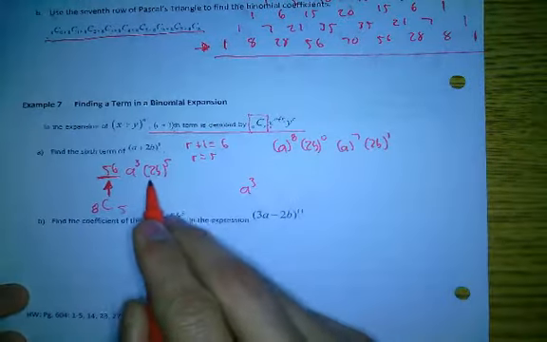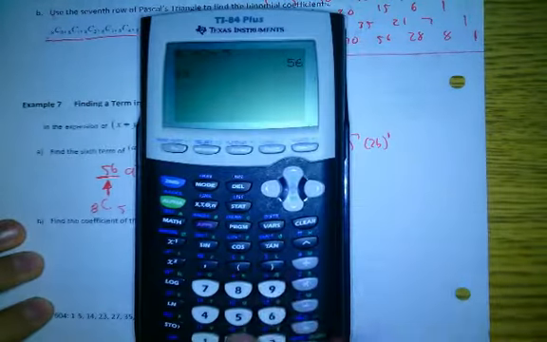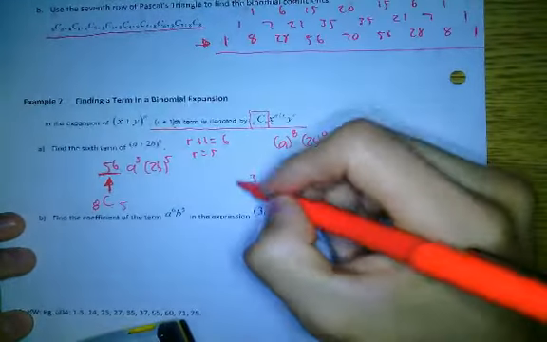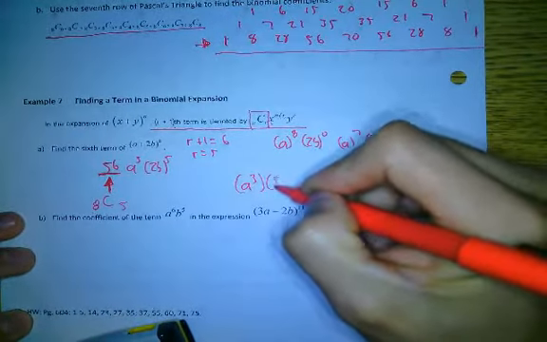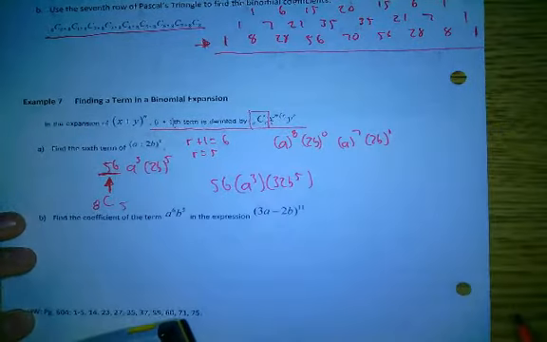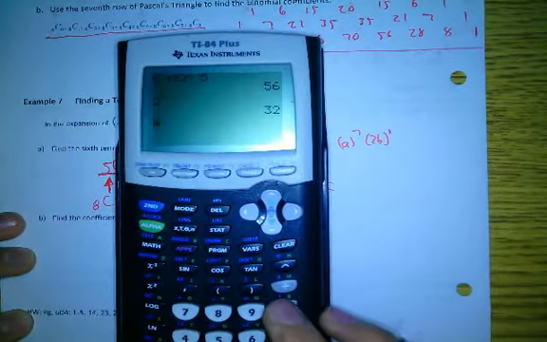So when we simplify that, 56 times 32 gives me 1,792 a to the third b to the fifth. So the coefficient that we were looking for is 1,792. Yeah, that's fine. I'll accept it. That's fine.